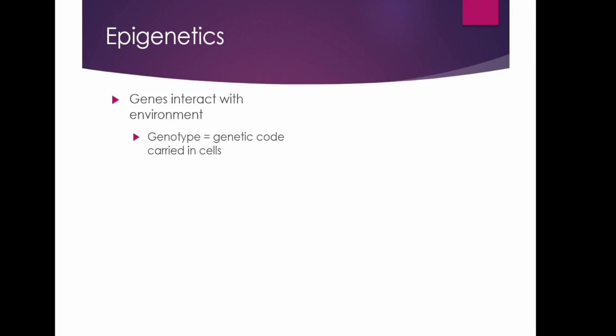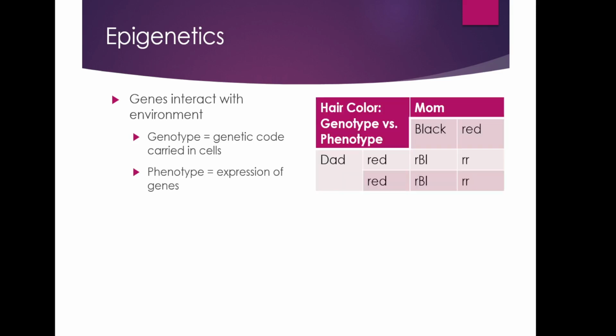So again, I already mentioned this in a previous lecture, but the term genotype refers to the genetic code that's being carried in your cells. Phenotype is the term that we use for the expression of those genes. So I thought I'd start with a really simple genotype phenotype issue, which is hair color, and we're going to use a really simple pair of parents where the dad has red hair, so that means he has a recessive trait that he's expressing.